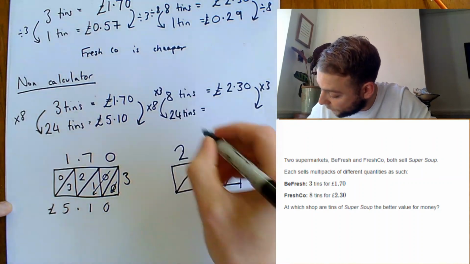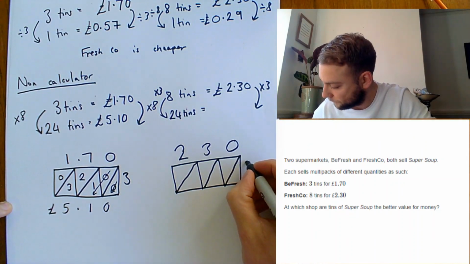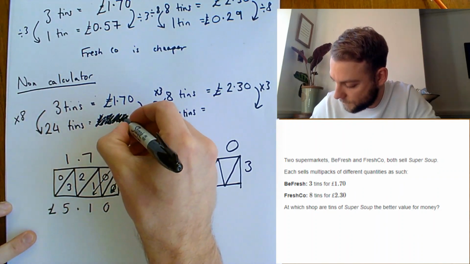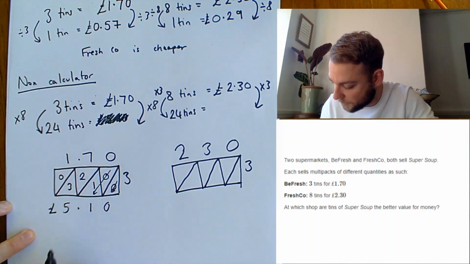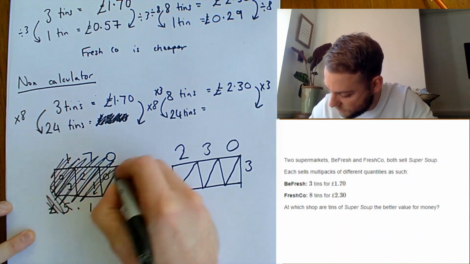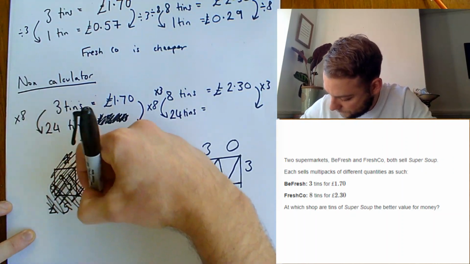Times by 3 in this case. I've made a silly mistake here, haven't I? This one here should be times by 8. Well done if you spotted that at home. Silly Mr. Adams.